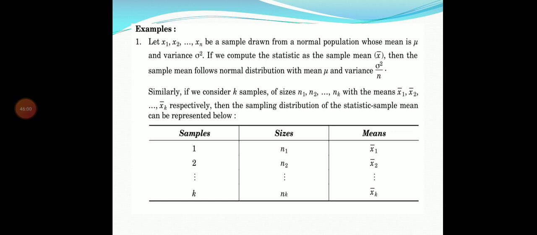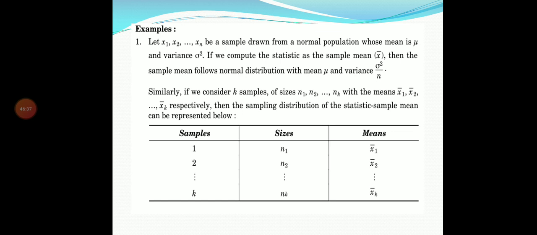If you formulate a distribution, meaning an arrangement, that is a frequency distribution, and arrange all the statistics for all possible samples in a particular table, it gives the sampling distribution. The sampling distribution of the statistic sample mean can be represented in this table.